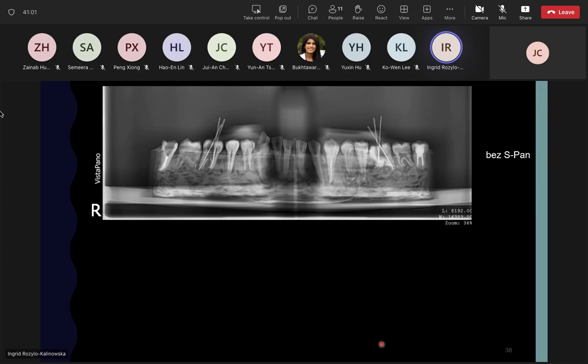So as you can see here, Kasia created a kind of a phantom of human mandible with plaster mixed with grains of rice to mimic the structure of a bone. And she placed human teeth, of course, after having obtained the permission from the local bioethical committee. The teeth were extracted for various clinical indications.